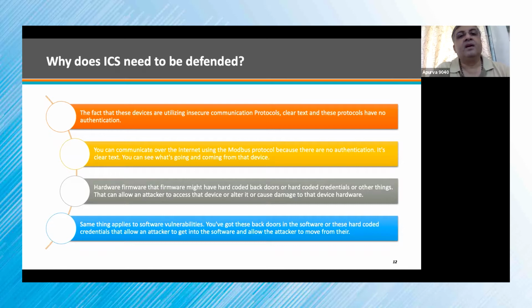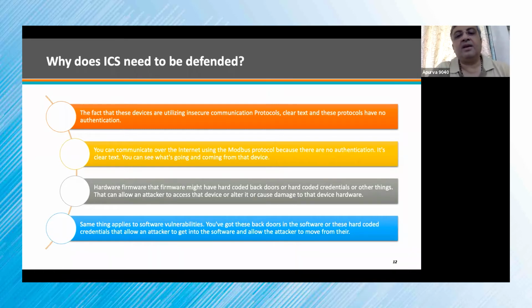The firmware may have challenges because it is using an older system, or it may have hard coded backdoors, because the OEM wanted connectivity to ensure systems are running fine and to monitor them remotely. But an attacker can take advantage of these backdoors, because today you will find vulnerabilities of SCADA systems available over the net.